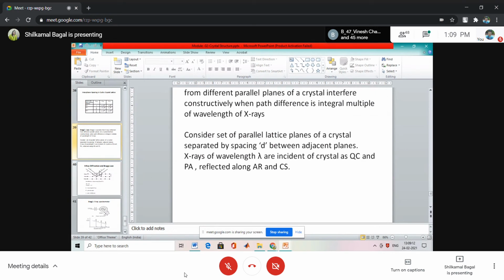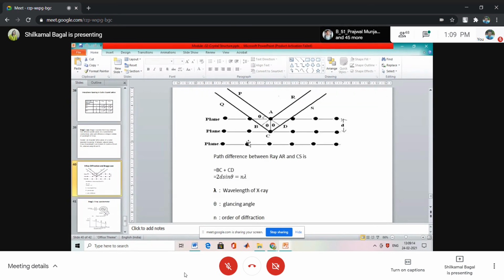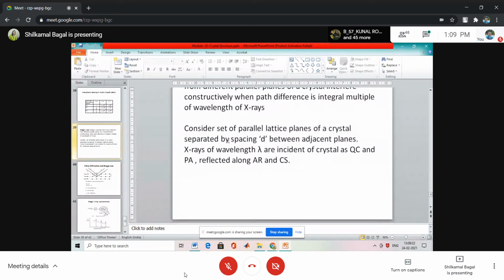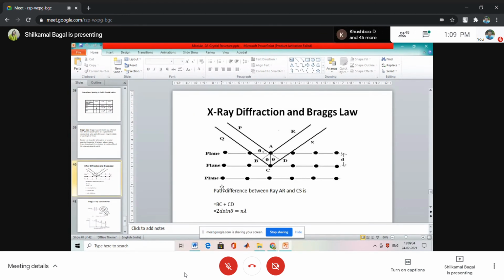That is shown in this diagram. This is the parallel set of planes which are separated by distance d, and then X-rays of wavelength lambda are incident on the crystal as QC and PA. We have considered just the two rays reflected along AR and CS.